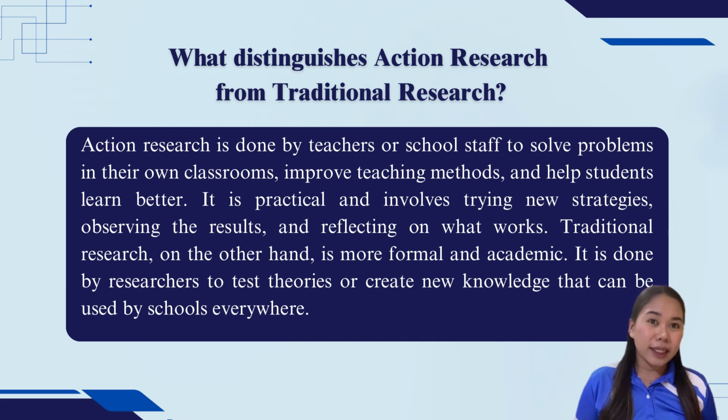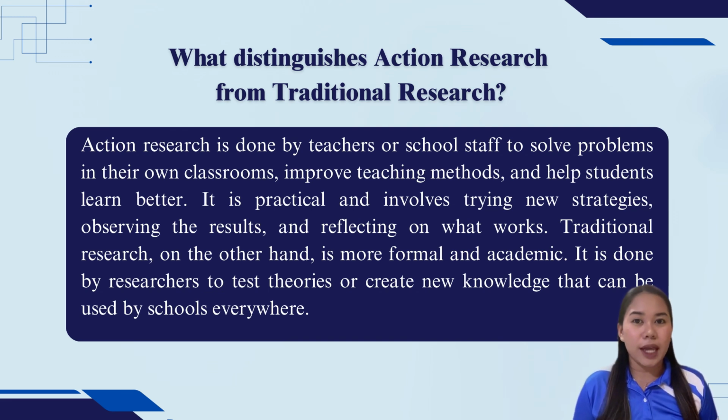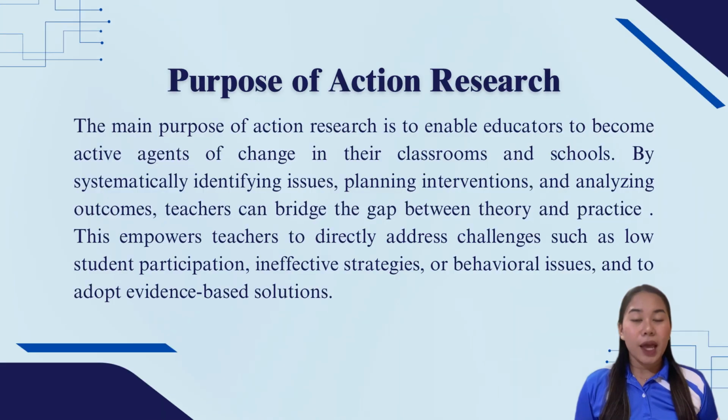On the other hand, traditional research is more formal and academic. It is done by researchers to test theories or create knowledge that can be used by schools everywhere. In short, action research focuses on improving practice right away, while traditional research focuses on building theories and long-term understanding.